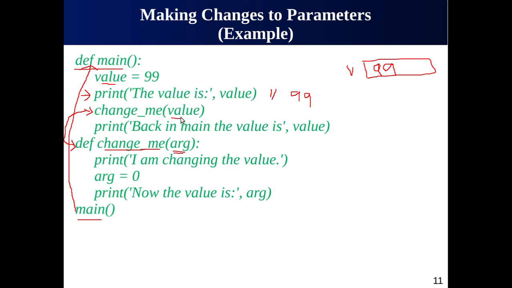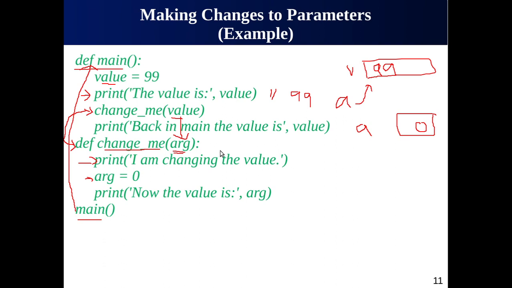So the value has been passed to this function as an argument, and that value is 99. Now it will display the statement, I'm changing the value. Here, the actual value of the argument was 99, but now we have changed it. The value of the argument is 0 now. Sorry for my writing.